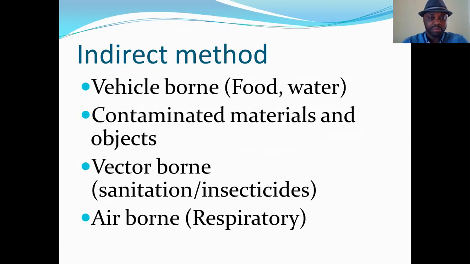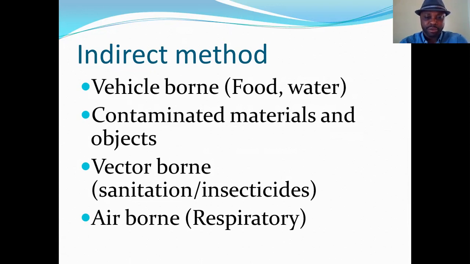Through sanitation and through the use of insecticides, mosquito-treated nets are ways of controlling and preventing infection of these organisms. So you take care of your surroundings, use insecticide treated nets, and then also the spray of insecticides can help to take care of vector-borne infections.